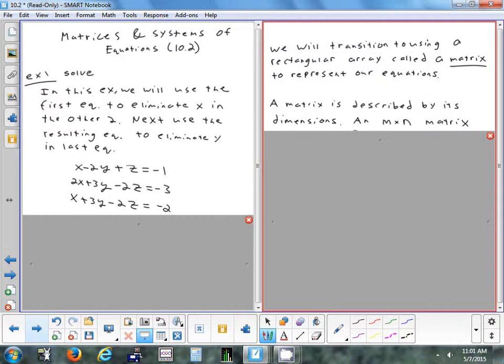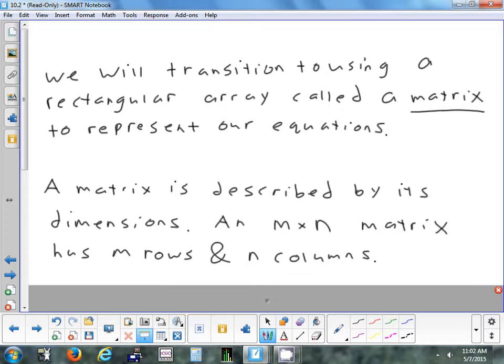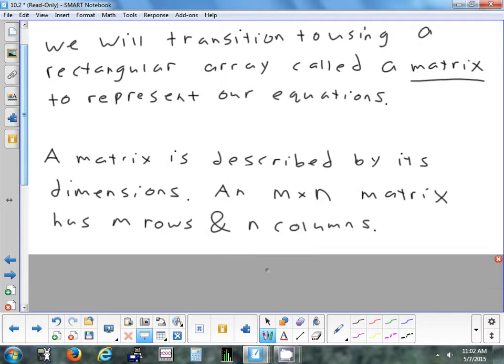Okay, so the way you describe a matrix is by its dimensions, rows by columns. So an M by N matrix would have M rows, N columns. So an example might be 2 by 5. A 2 by 5 matrix would have 2 rows, 5 columns.